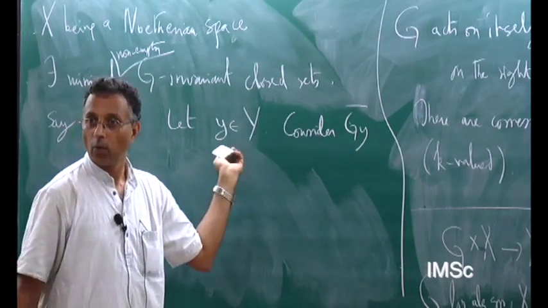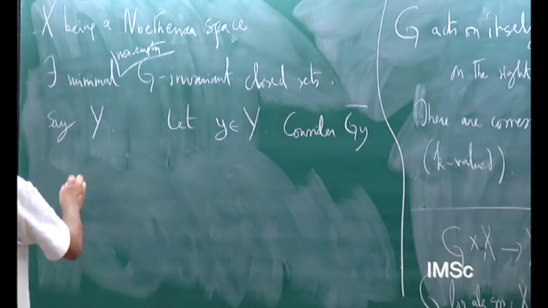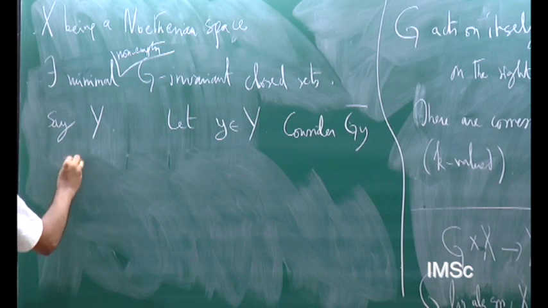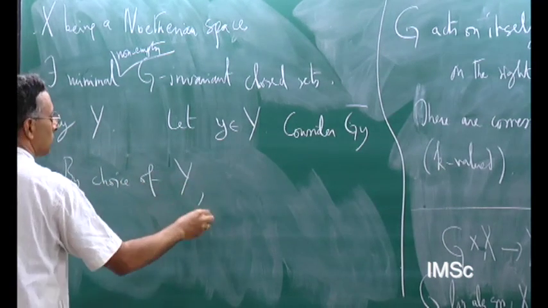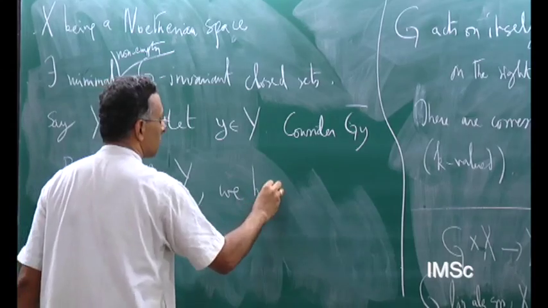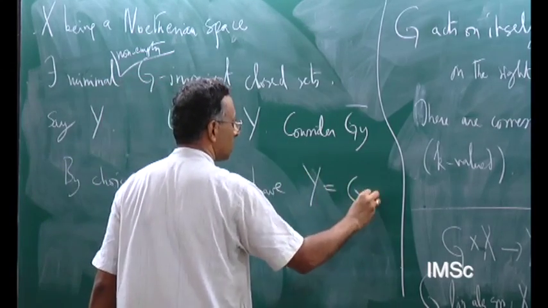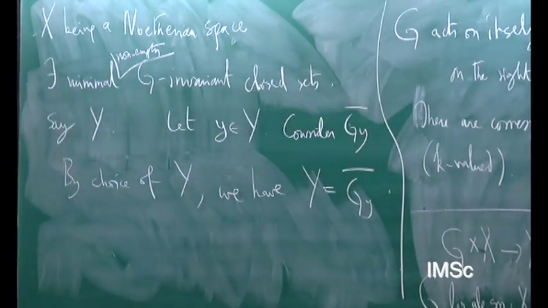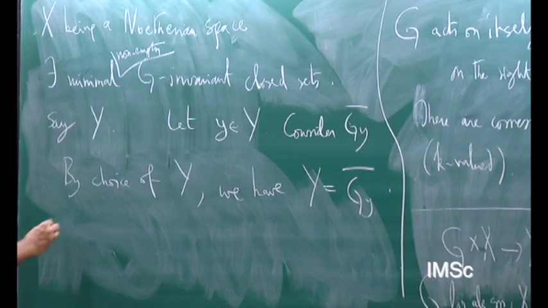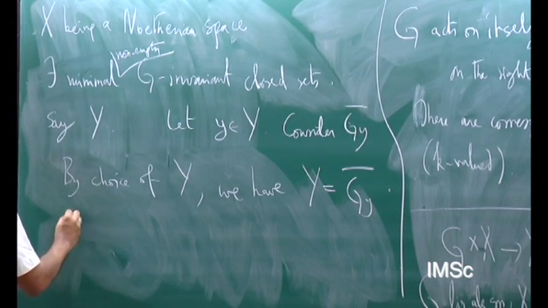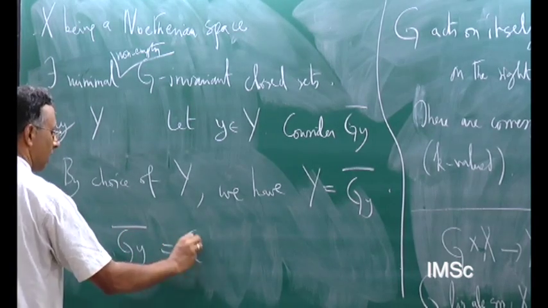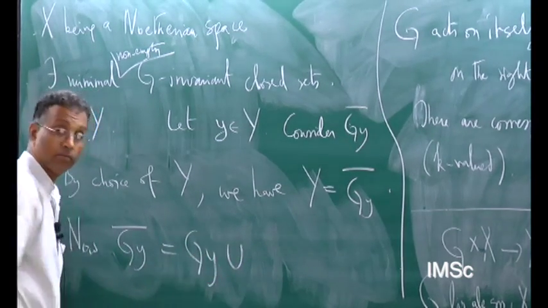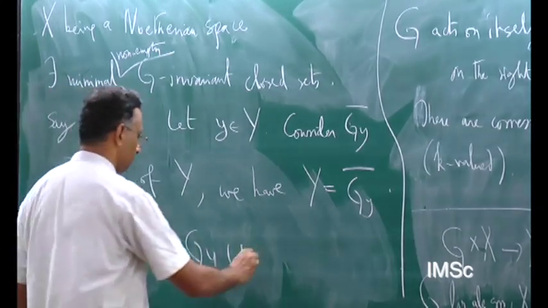So by choice of y, we have Y equal to the closure of Gy. Now the closure of Gy is equal to Gy union other orbits.